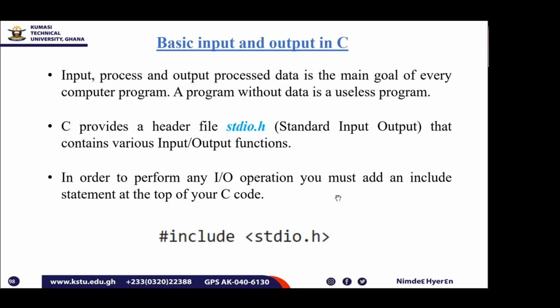The header file stdio, which is the standard input-output header, contains various input and output functions. So in order to be able to perform any of them, you must always have an include statement at the top of your code: #include stdio.h.